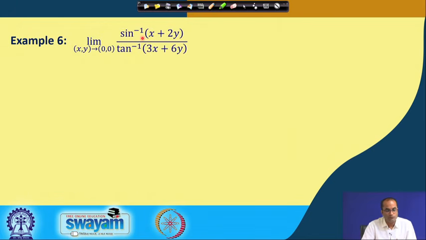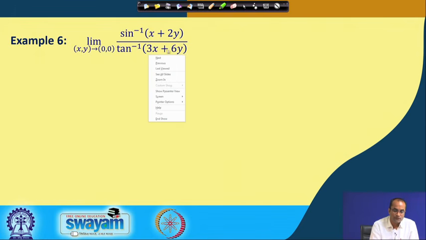So, here sin inverse of x plus 2y and tan inverse of 3x plus 6y. This is another approach. Without changing the coordinate system, we can observe here that this is x plus 2y, and here also, in the tan inverse, the argument is again 3 times x plus 2y. So we have the same quantity x plus 2y, and here also 3 times x plus 2y.